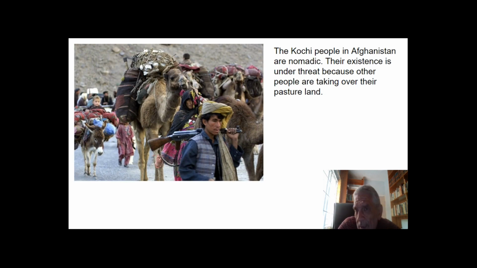And another example of nomadic people, the Kochi people in Afghanistan. And again, their existence is under threat because the land which they move around in is being taken over by other people who want it for pasture and that kind of thing.